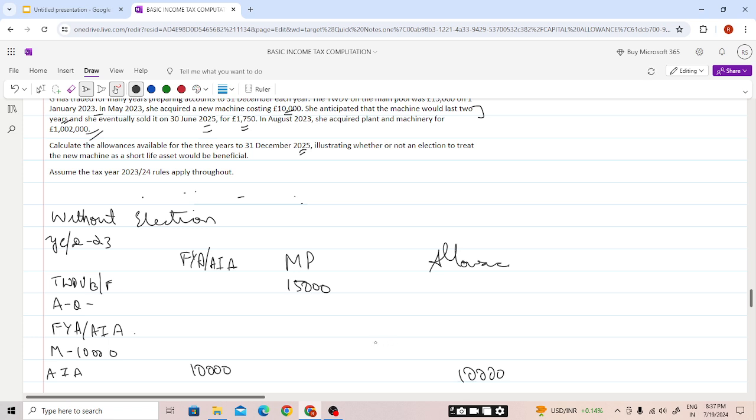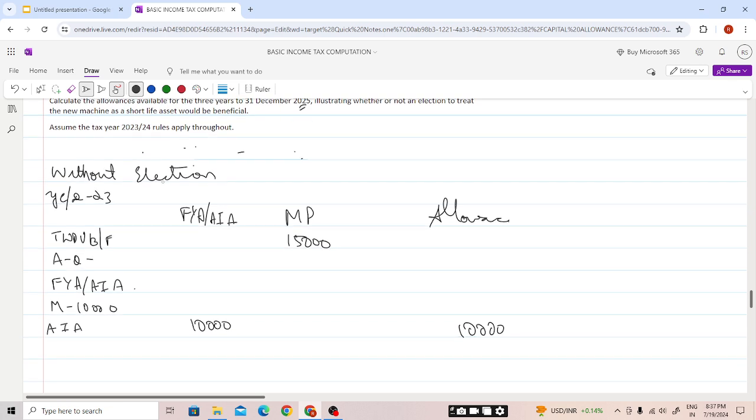Then on 1st August 2000, she acquired plant and machinery for 1 million. So AIA will be available only for, students, the total AIA will be... one minute.